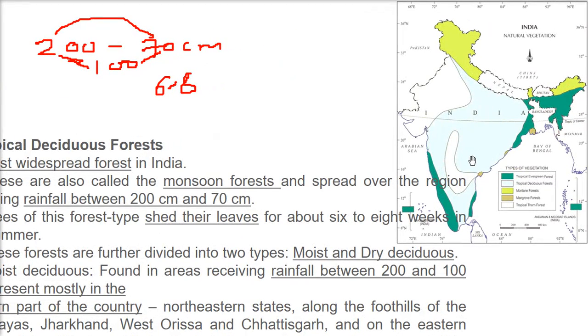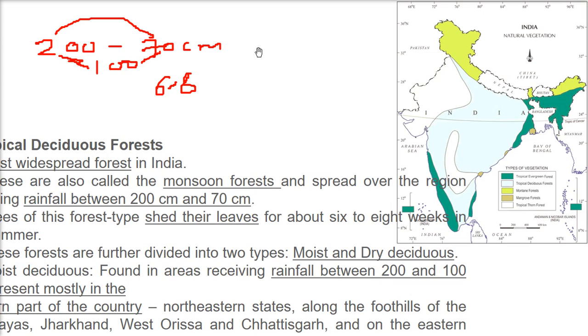And again, let me show you the area we are talking about. These are the tropical thorn forests. In this area, as we know, water is scarce, or the monsoon doesn't fall here as much as it falls in this region. Why this area? Because we have the Western Ghat, and when the monsoon comes, most of the rain occurs here.